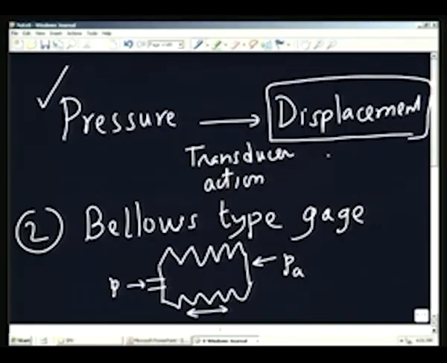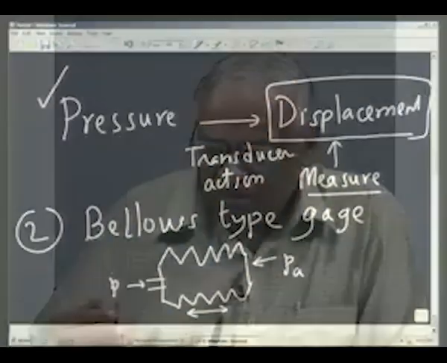This is what we are going to measure: displacement, or the change in the position from some datum. You want to measure that change and then relate it to the pressure. So, the original problem of measuring the pressure has now been replaced by the measurement of displacement.